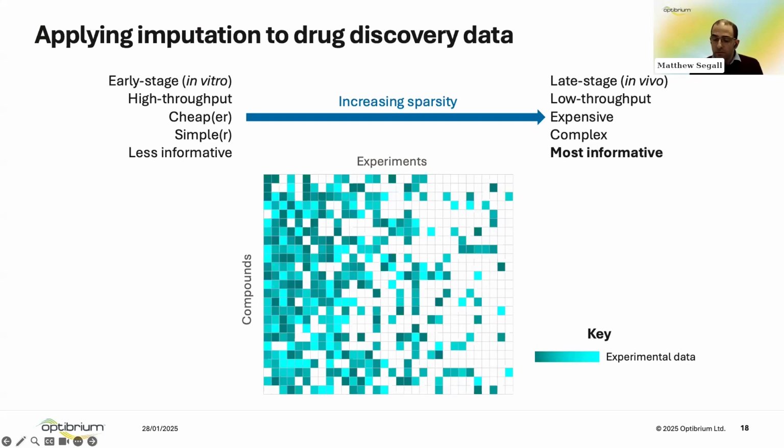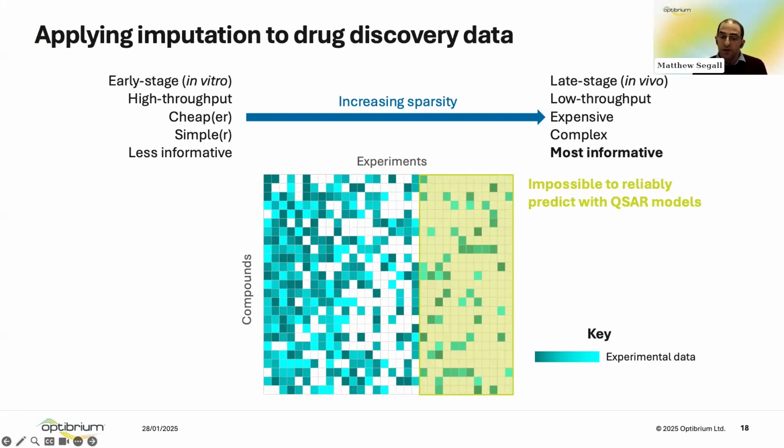Now, those are the most informative endpoints on the right-hand side, but they are also almost impossible to reliably predict with QSAR models. Why is that? Well, those are the most complex properties that we're interested in. Many different factors govern the ultimate outcome in those experiments. For example, it might be one or more target activities, physicochemical, ADME, PK properties, all need to come together in terms of an efficacy.